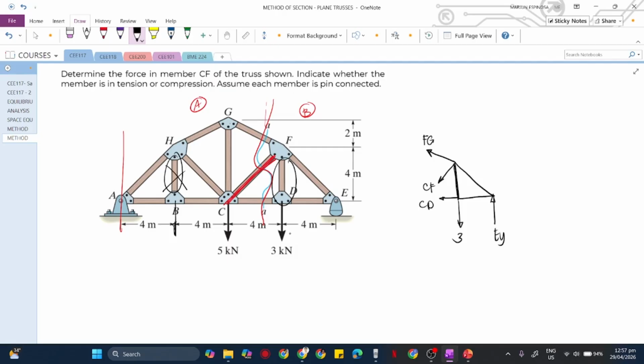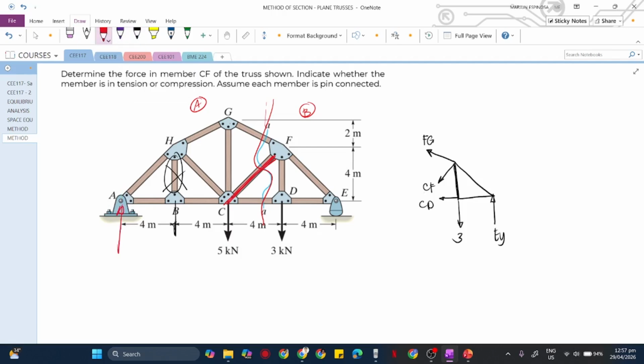This one has an external force applied at this joint, so it has a force being supported. So this is the only member that supports nothing, which is considered to be a zero force member. Now, we just need to solve for the values of the reactions.